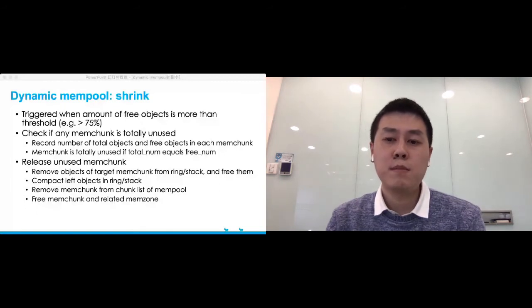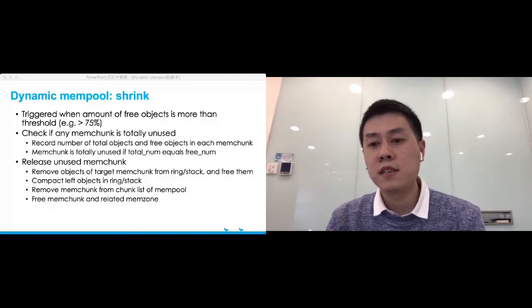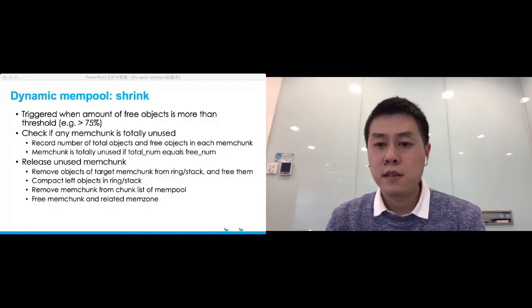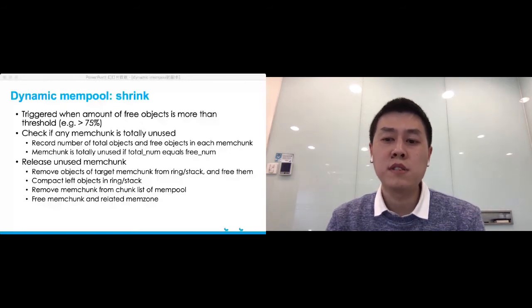In the first step of shrink, we check if any memchunk is totally unused by comparing total and free object counts in each memchunk. If we find some totally unused memchunks, the objects of these memchunks would be removed from the mempool ring or stack, and then the memchunk would be removed from the chunk list of mempool and finally freed along with its related memzone.